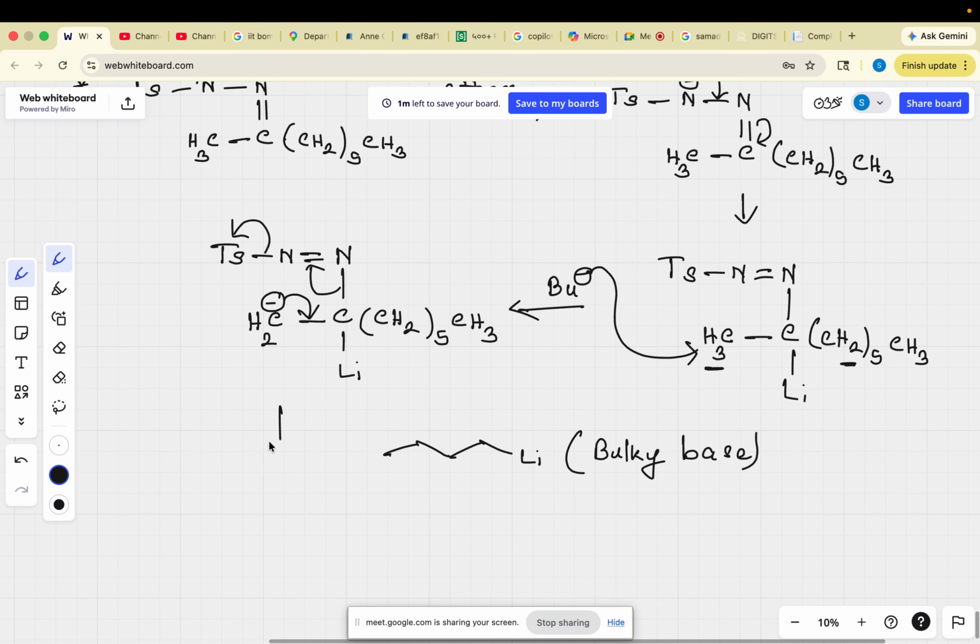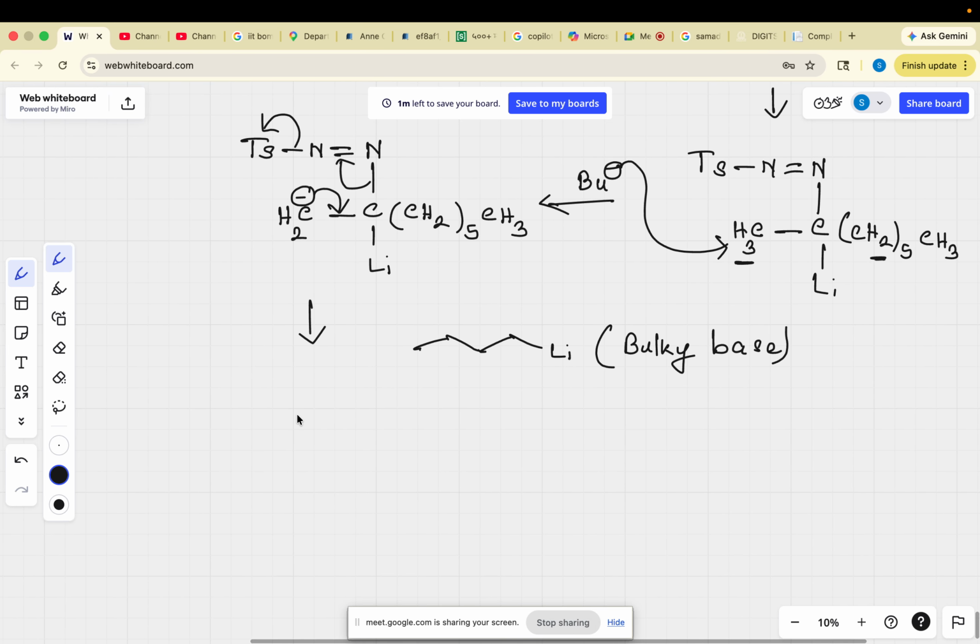So what you are getting is CH2 double bond carbon with lithium, then CH2 whole 5 CH3, and nitrogen gas and tosyl minus are released.